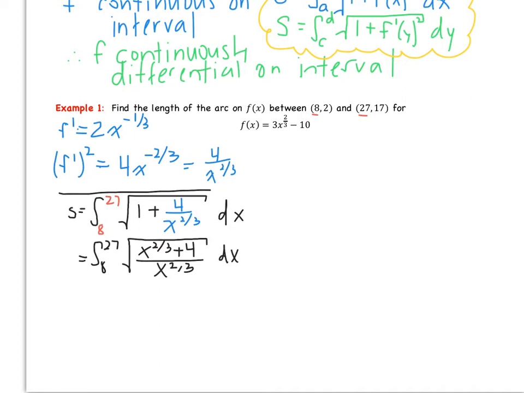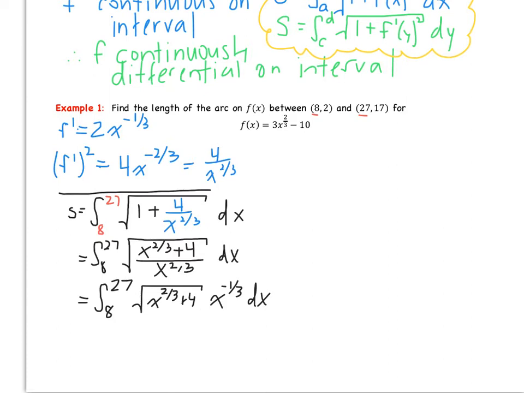We can take the square root of that denominator. The square root of x to the 2/3 is x to the 1/3. If we bring that up to the numerator, we're really looking at the integral from 8 to 27 of the square root of x to the 2/3 plus 4, times x to the negative 1/3, dx.